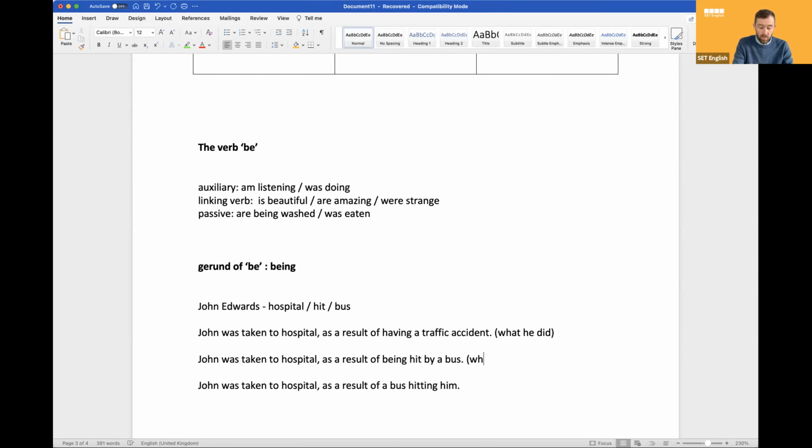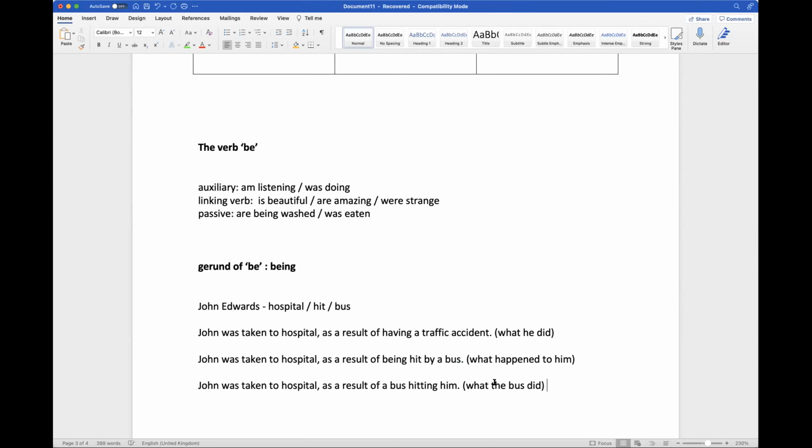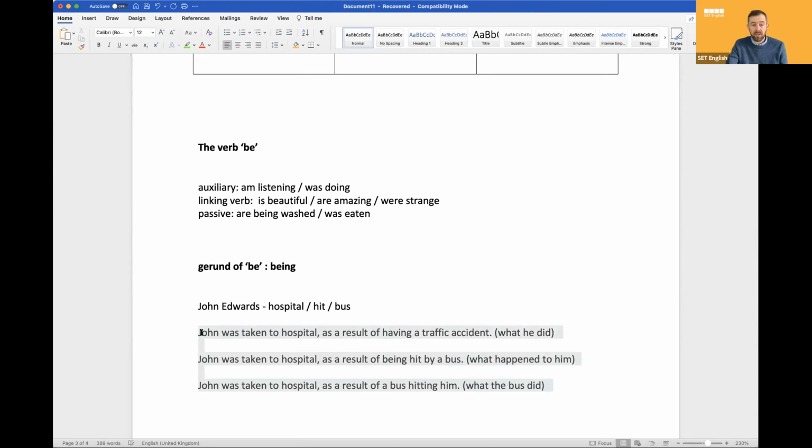Here it's what happened to him. And here it's what the bus did. All three of them are accurate. All three of them make sense. They're not all the same. They're all different. But we could take this evidence here and say many different things about it.